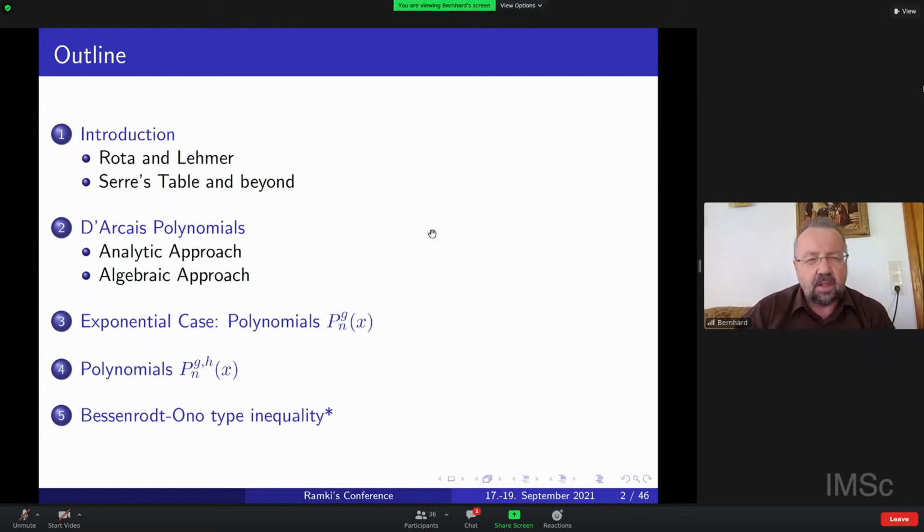Then I will go in two directions, which I call the exponential case and the geometric case, and then there will be a general approach. And if there's time, about research using this approach in directions of inequalities, log-concavity and the Bessel-Ono type inequality.